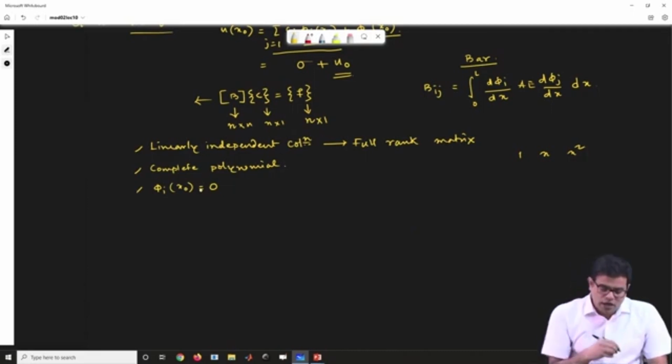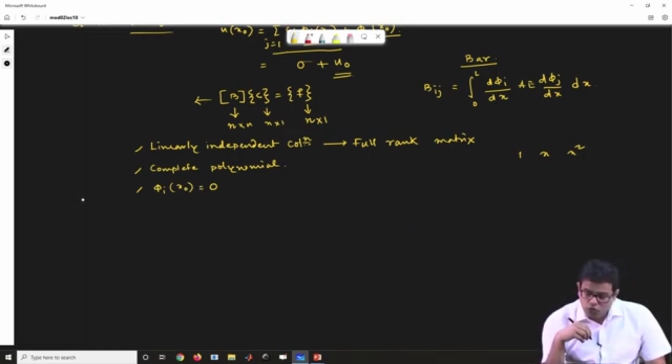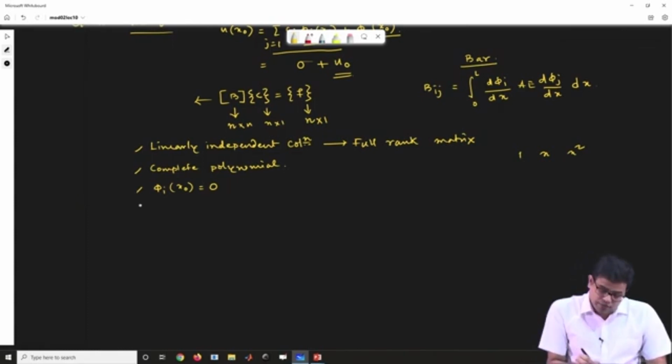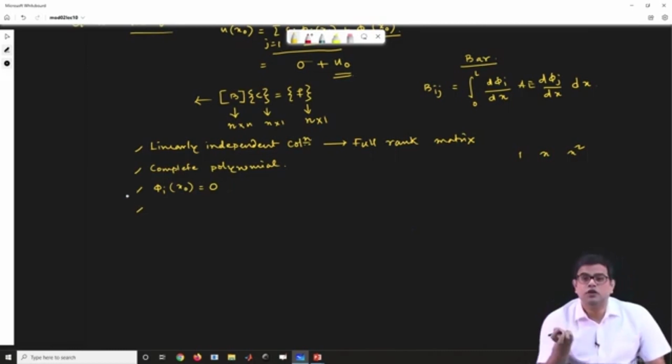We can do a problem on this and then find out the solution. What kind of problem will we choose? We'll choose a simple differential equation and a beam problem in the next class.